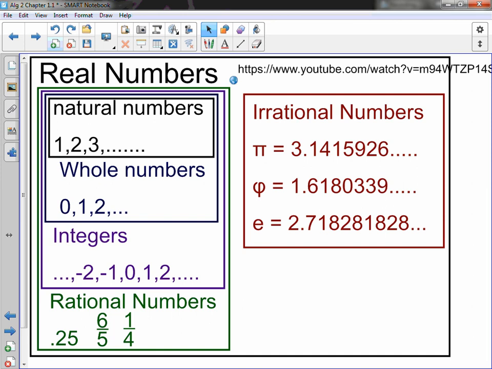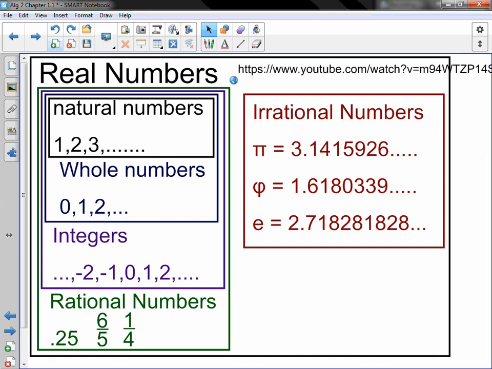So any of these here, all of these are defined to be real numbers. We'll talk about imaginary numbers later on in the year. Because there are such things as imaginary numbers. And you guys deal with them every single day.